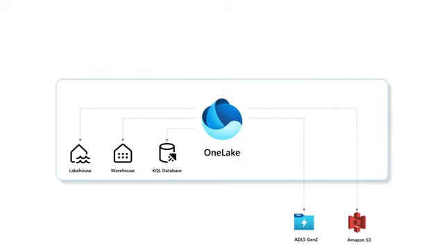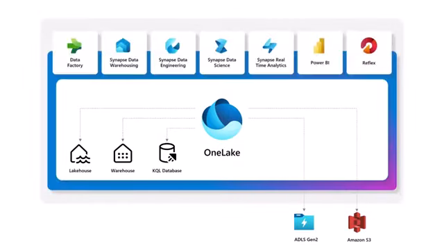Shortcuts can be accessed by any workload within Fabric. Create a shortcut in your Lakehouse, then analyze your data through a Spark notebook or the SQL endpoint. Open the default data set for your Lakehouse and build a Power BI report that directly accesses data through your shortcut. Shortcuts can also be accessed by non-Fabric applications and services.